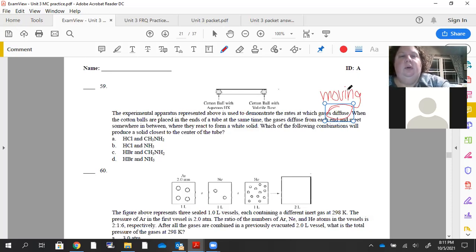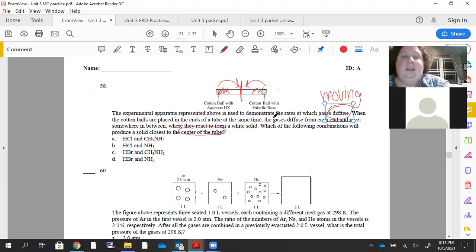So if we want this to be closest to the center of the tube, this gas is going to move this way, this gas is going to move this way. If we want it to meet in the center, we want both of those gases to have about the same speed so that they'll meet in the middle at the same time. And in order for those gases to have the same speed, they would need to be at the same temperature, which we're going to assume that they are because they're sitting in the same tube together.